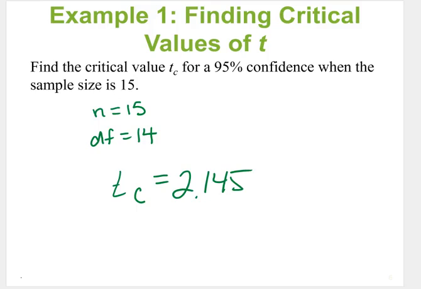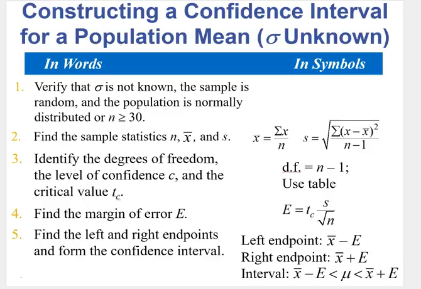Make sure you know how to use the chart, and that will help you a lot. The steps are very similar to finding the confidence intervals. The only difference is that we'll have to use S. So we'll use x bar, and we will also have to calculate S for each problem if it's not given to us.